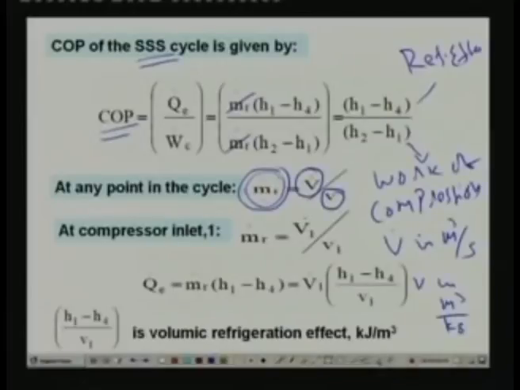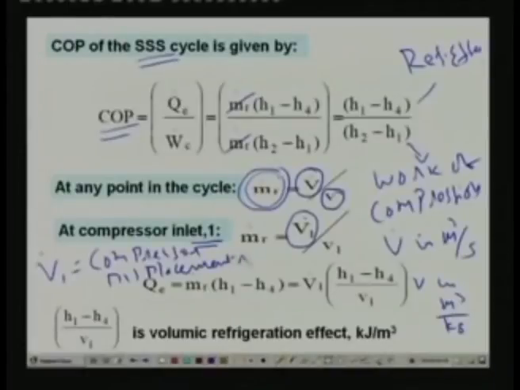Now if you apply this equation to compressor inlet 1, then m dot R is equal to V1 dot divided by V1, where V1 dot is nothing but the compressor displacement rate. This is again meter cube per second, and V1 is nothing but the specific volume of the refrigerant at the compressor inlet.